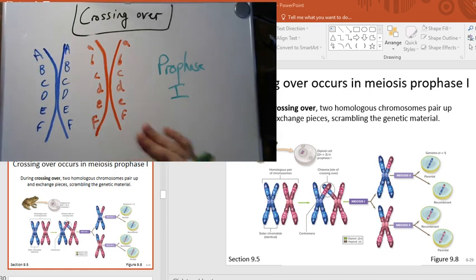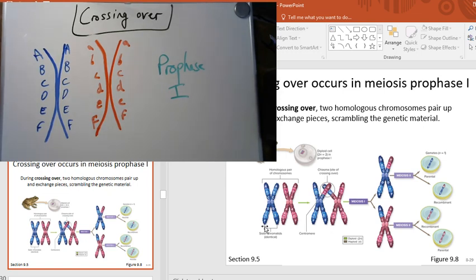In prophase 1, they condense, they appear in the nucleus, the nuclear envelope disappears, the spindle fibers form, the centrosomes are building up those spindle fibers. And what can happen is, as you can see here, the legs cross. That's why it's called crossing over. And during that prophase, when the legs cross, since they coincide, they are homologous chromosomes, they carry the same genes.